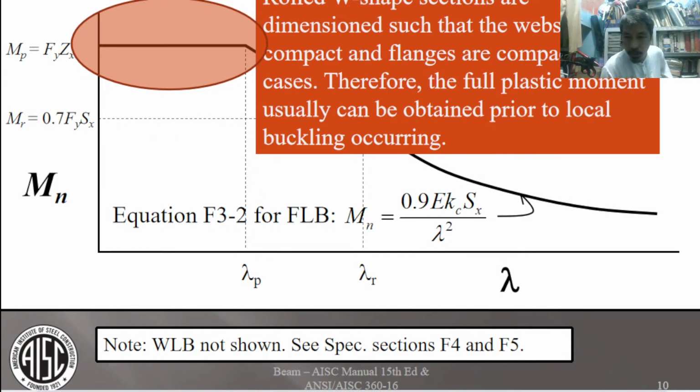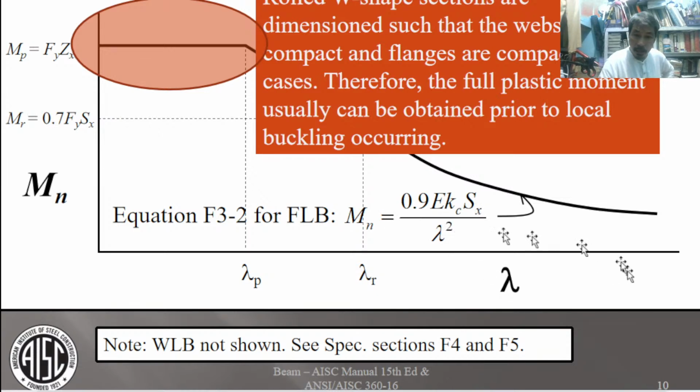So which among the failure modes will control? Not the local buckling in this area. What about the next region? The next region here: the inelastic region, then the elastic region. Take note of the value of nominal moment, 0.9 E kc S x divided by lambda squared.